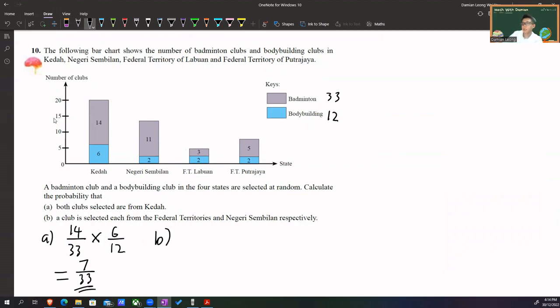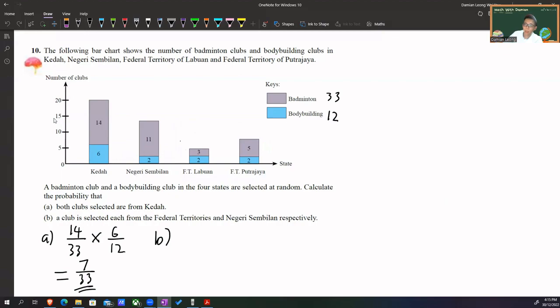Part B. A club is selected each from Federal Territories and Negeri Sembilan respectively. So I select one from Federal Territories and one from Negeri Sembilan.